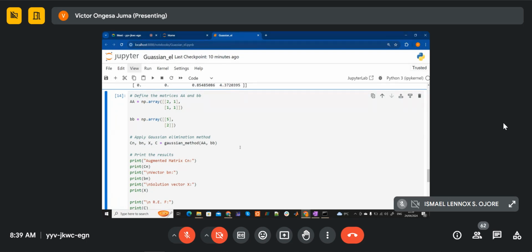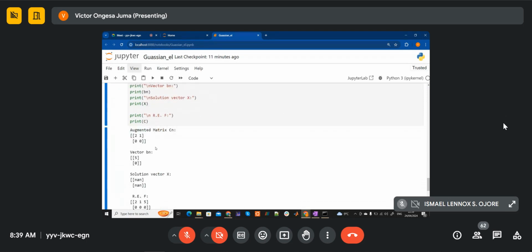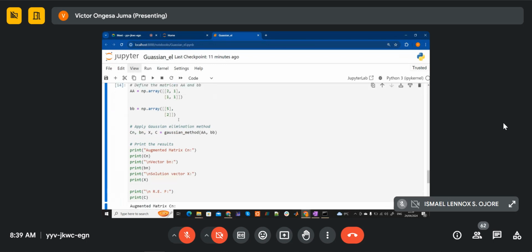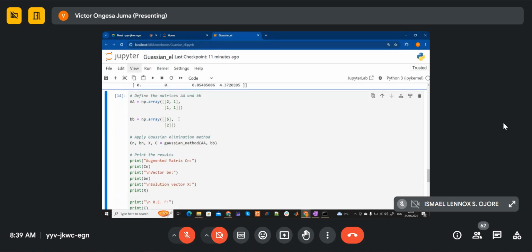That will be minus 1. No, but it has a solution. Why do you say that? I don't understand what's happening. Why do you say it does not have a solution? I think there is.